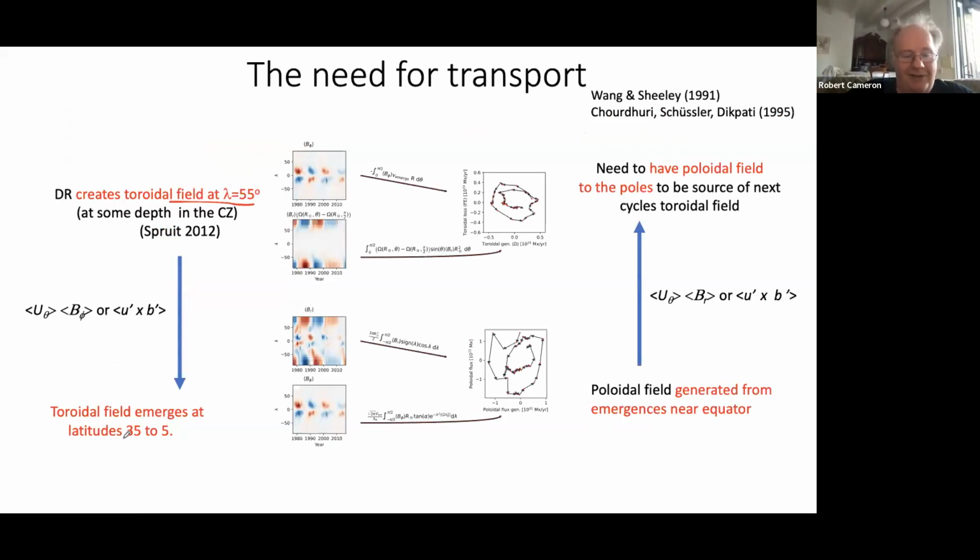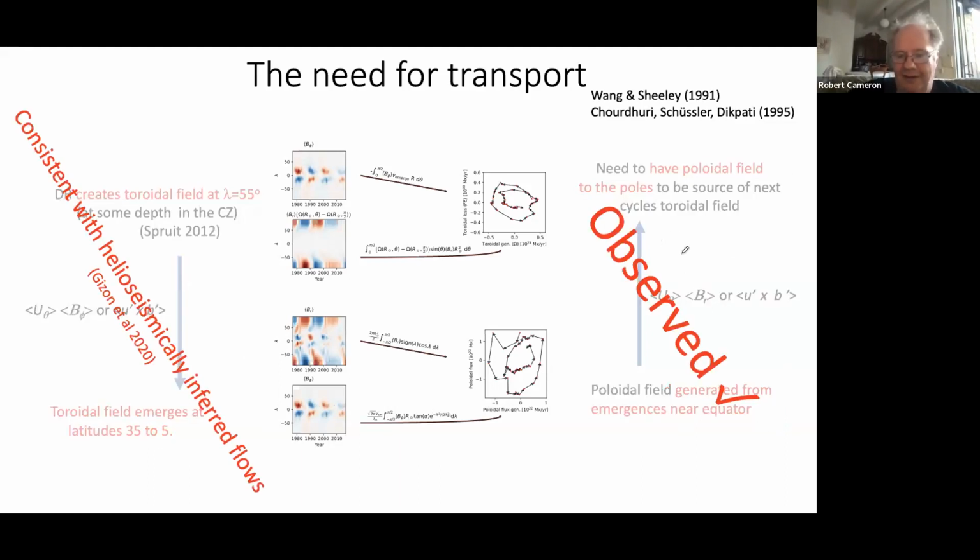And we need the flux emergence, and we observe it to occur close to the equator. It needs to occur close to the equator to get flux across the equator, which is critical for producing the poloidal field of the next cycle. Similarly, the poloidal field of the next cycle comes from flux which is across the equator, and it somehow has to be transported to the poles.